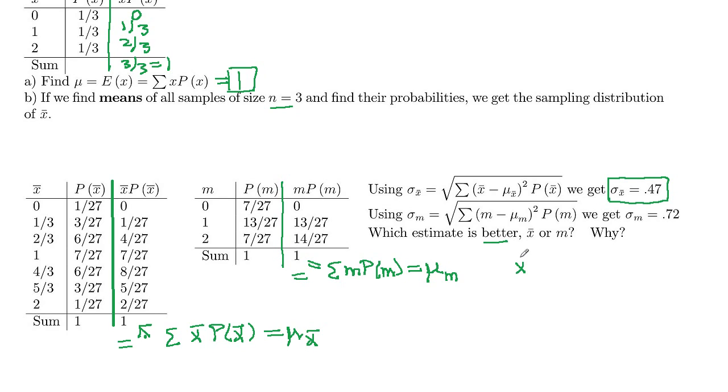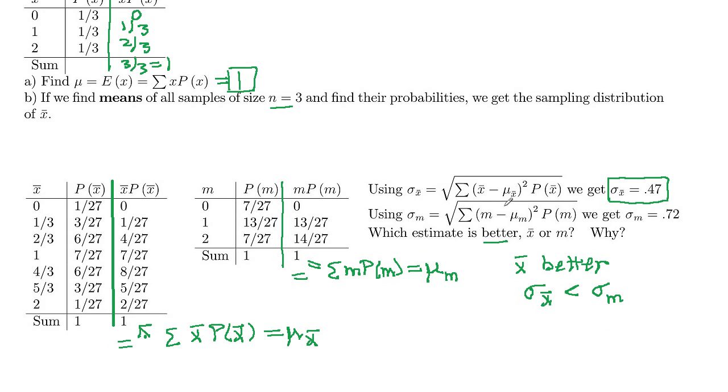Okay, so x bar is better. And that's because the standard deviation for the x bar distribution is smaller than the standard deviation for the sampling distribution of the median. So we want smaller standard deviation, that's less variation, more accurate estimates.